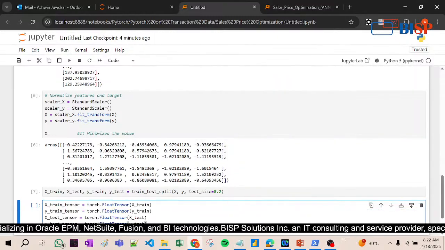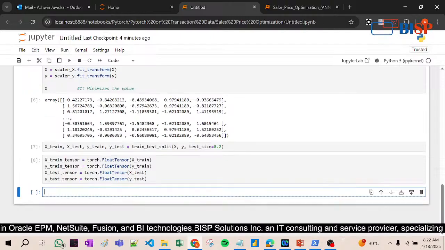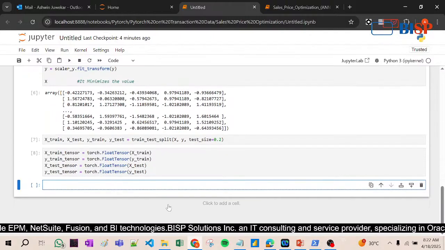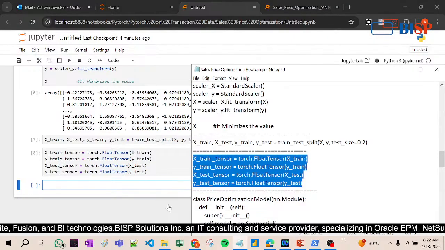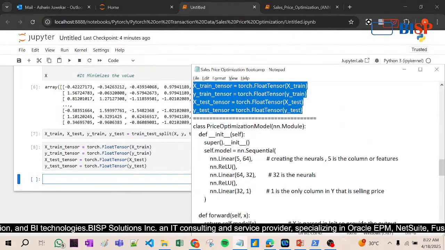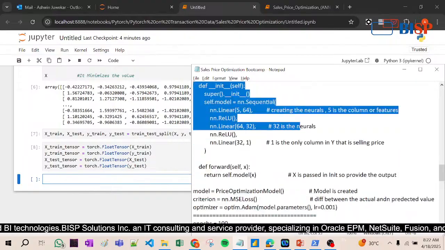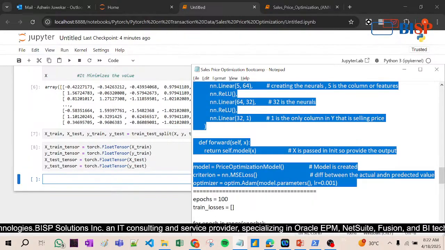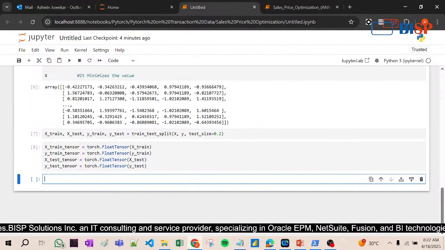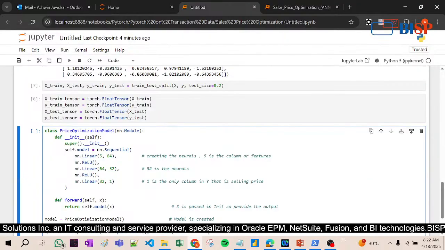Okay, so as you all know, the computer understands the language of tensors. A tensor is nothing but a matrix, right? So now see here, if I go again here, we have created one function that is init.